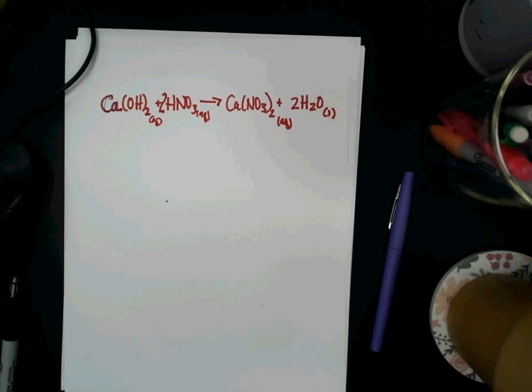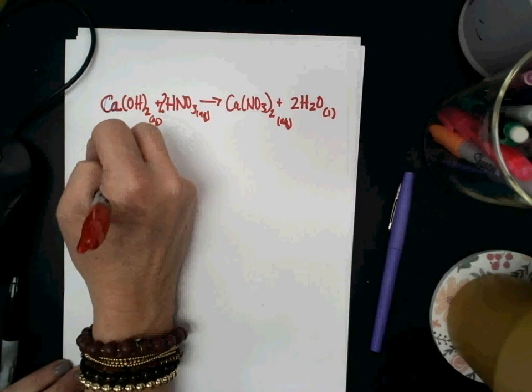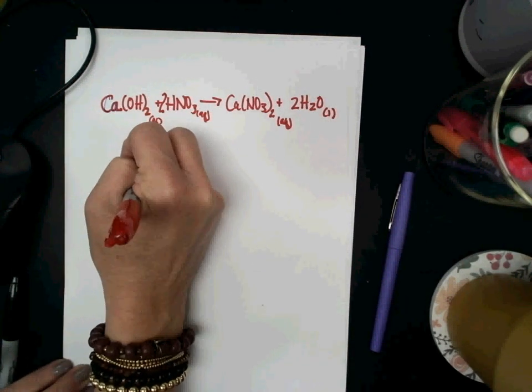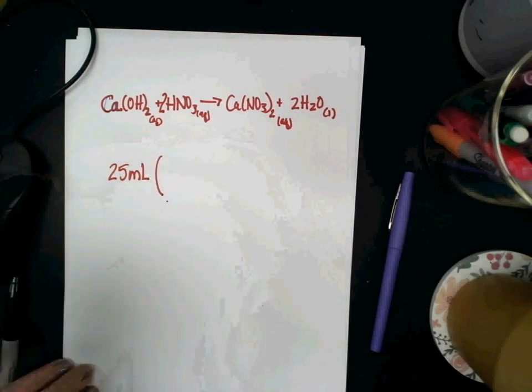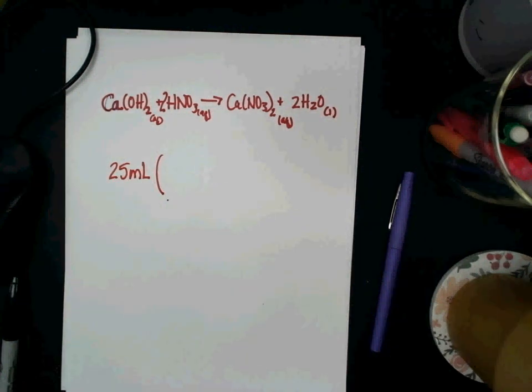Let's go back to my problem, and what do I know? I have 25 milliliters of, oh, write your stoichiometric equivalency real quick. And then we'll be ready to start.